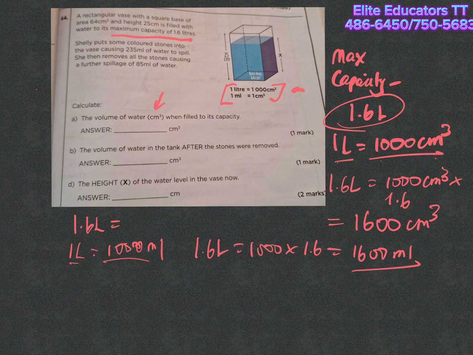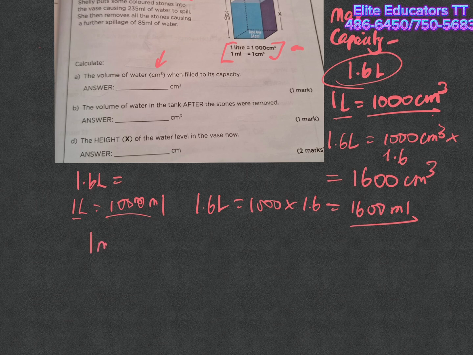Then I was going to explain that 1 ml is equal to 1 centimeter cubed, because both units measure the volume of a cube with sides 1 centimeter. So 1 centimeter by 1 centimeter by 1 centimeter is equal to 1 ml, and is equal to 1 centimeter cubed.